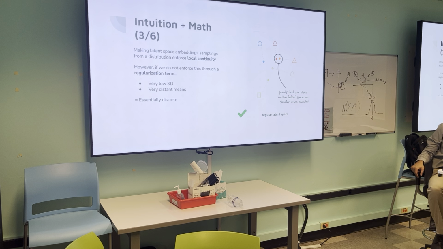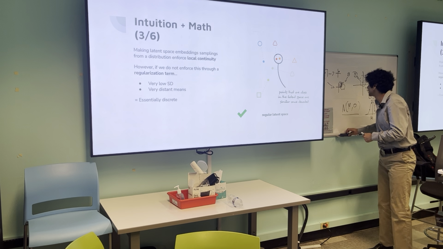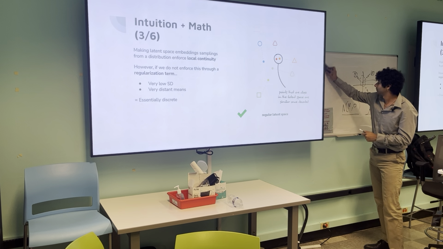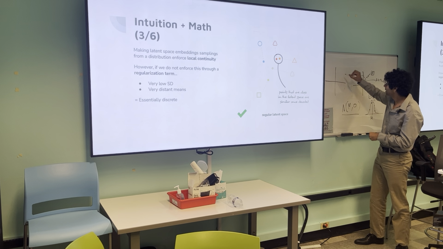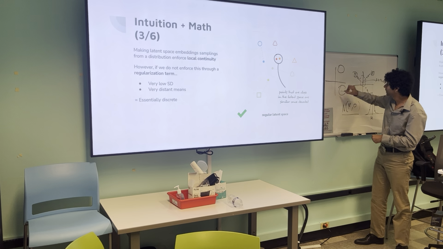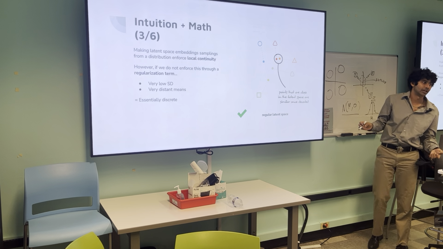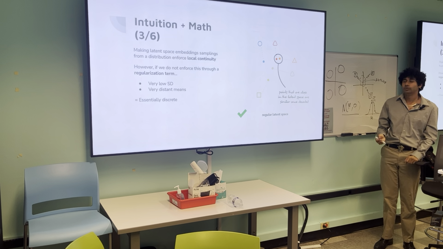So we've solved one part of the problem, which is making sure that the representations aren't too discrete. They're not too closed in and dense, right? The problem is we don't have global continuity, which means the network can basically cheat, and it does. It's like, I can make a bubble here, and here, and here, and they're not going to touch. Then you're back to the same problem with bigger circles.